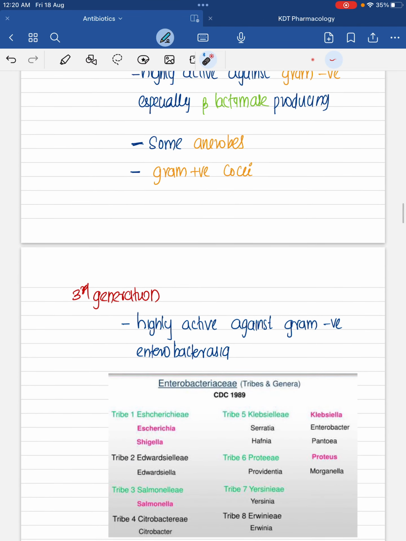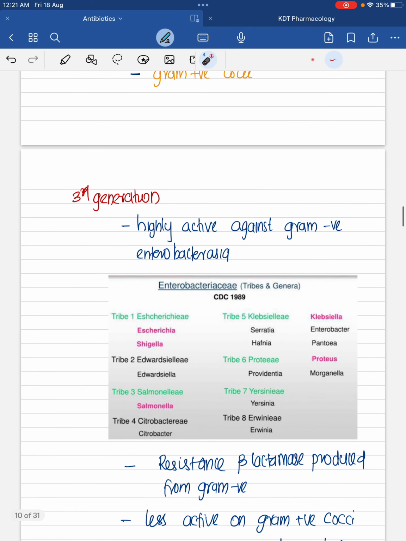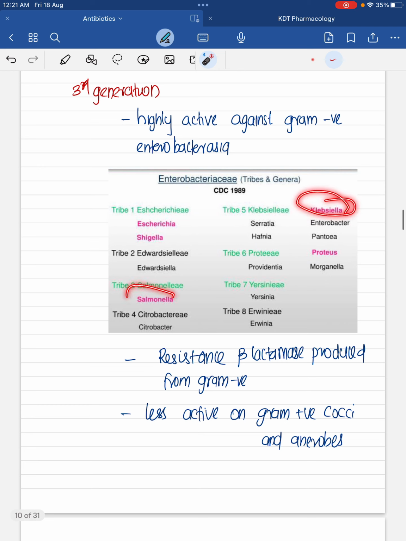Then come to the third generation, the most commonly used antibiotic group, that is cefotaxime and ceftriaxone. This much clear. They are highly active against gram negative Enterobacteriaceae, which means they are active against gram negative organisms. What all are the Enterobacteria? Same thing what I explained, like Klebsiella, Salmonella, Shigella, Proteus.